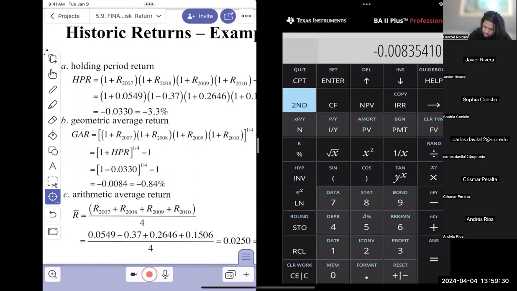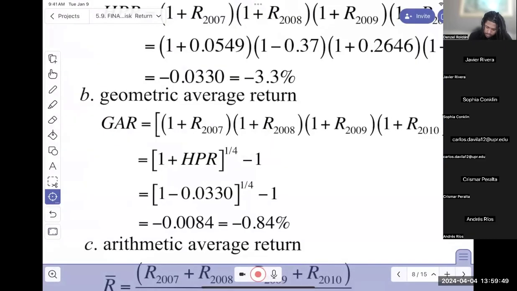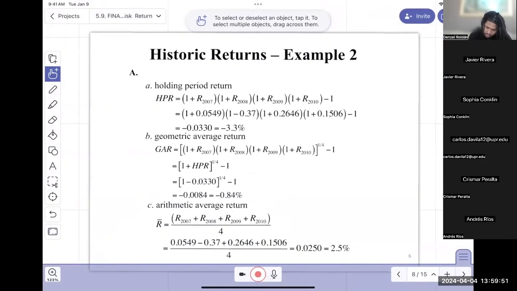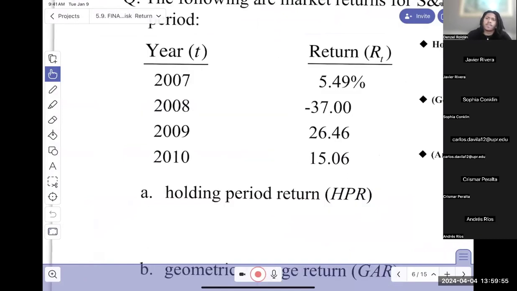An alternative to calculating the average using the geometric average is to calculate the arithmetic average. We can get that from our calculator using stat mode. So let's do that. Let's put these values into stat mode of the calculator.